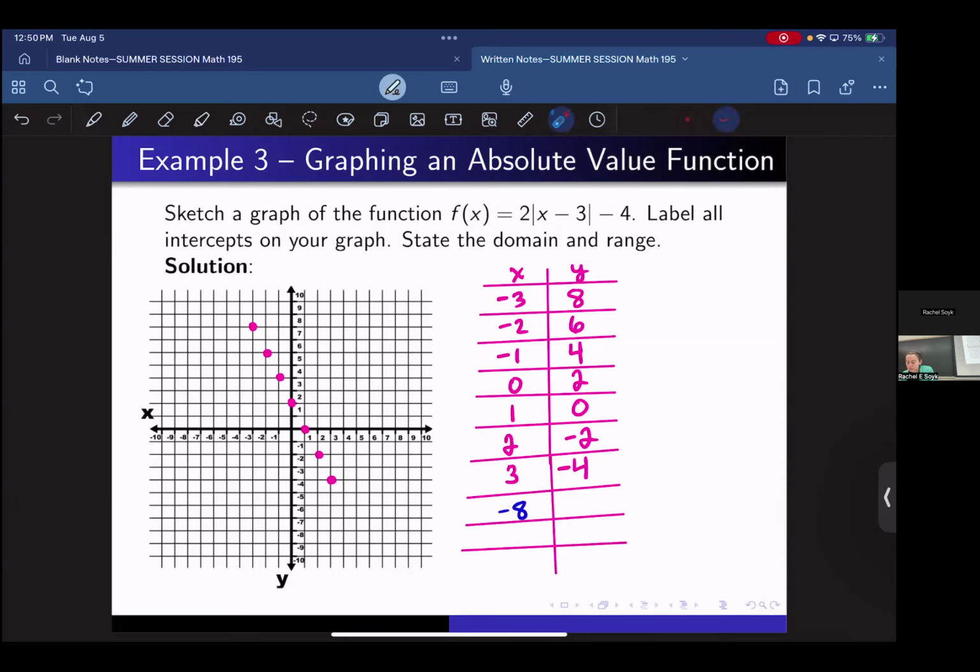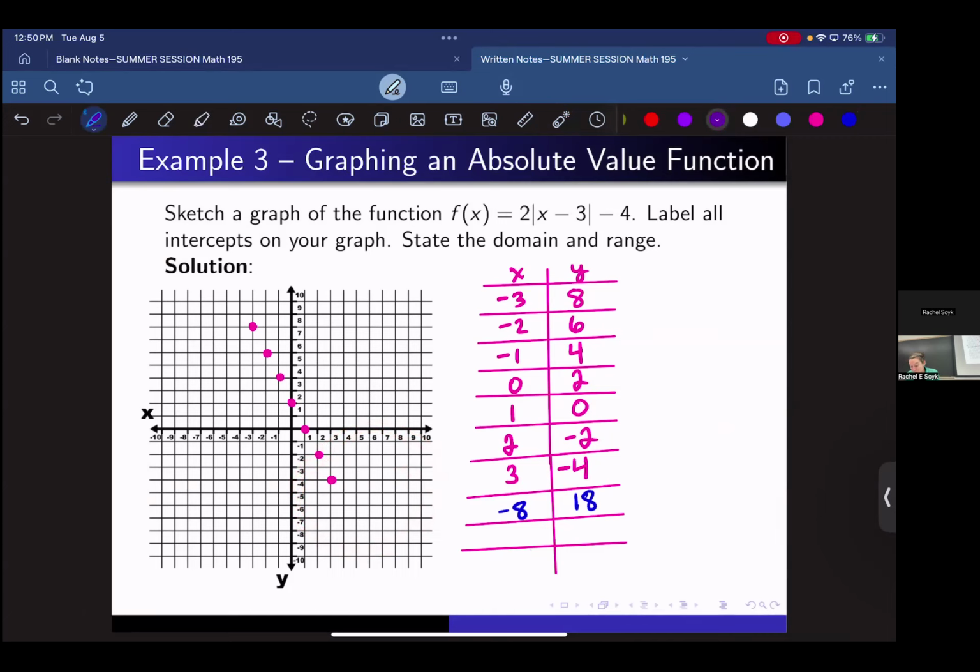Then we would have negative 11 times 2 is negative 22. Sorry, negative 11 absolute value gives you positive 11 times 2 is positive 22. Minus 4 is positive 18. Should go up even more. So our vertex is actually going to be over here. We just haven't hit it yet.